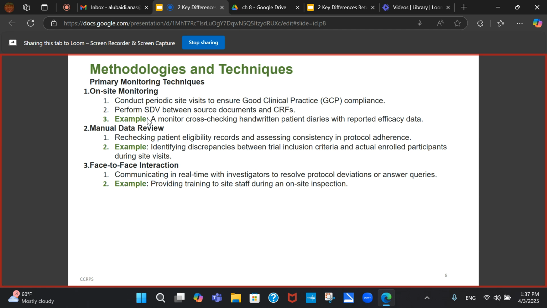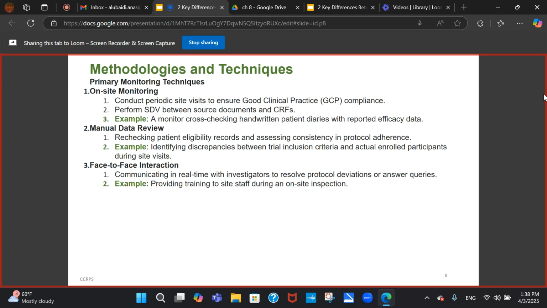As you can see in the example, it's manual, hands-on monitoring. Manual data review means rechecking patient eligibility records and assessing consistency in protocol adherence. An example of that is identifying discrepancies between trial inclusion criteria and actual enrolled participants during site visits.